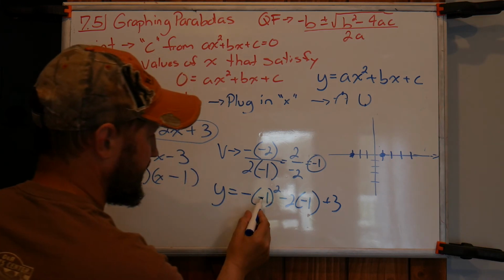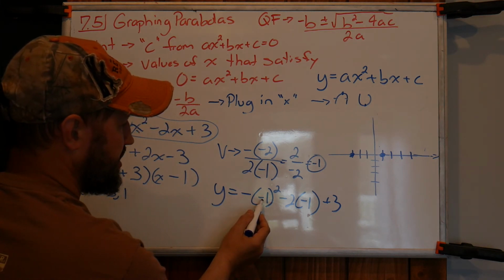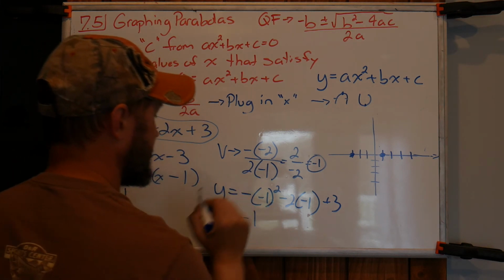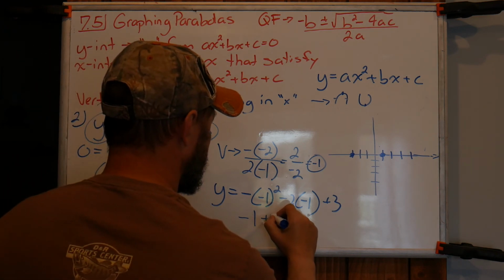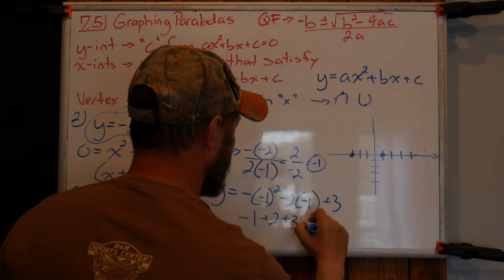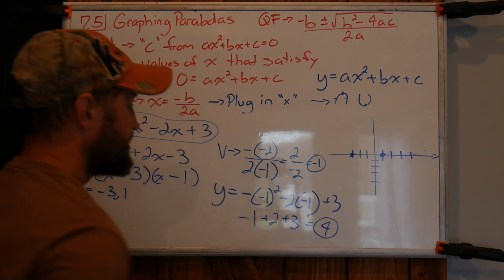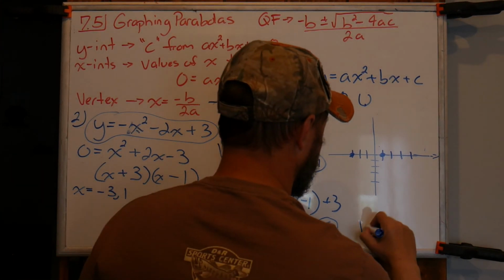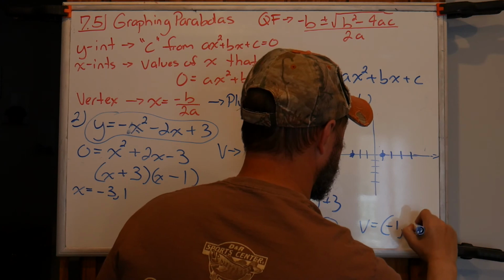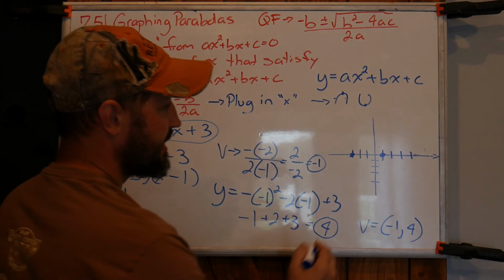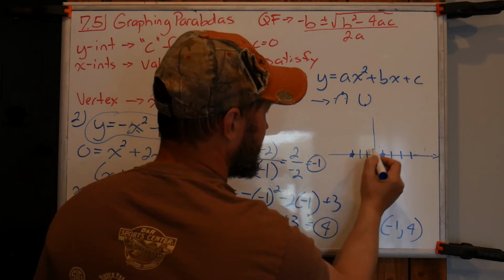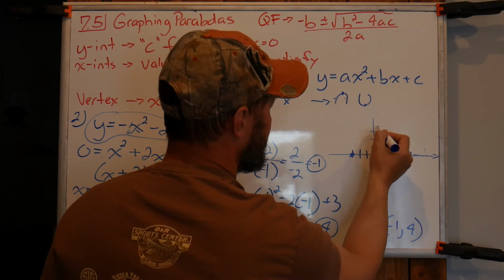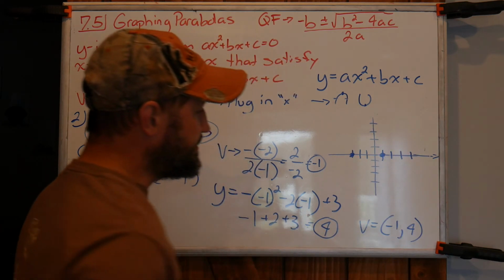That gives me negative 1 squared is 1, but I have a negative 1 squared. And then a positive 2, positive 3. So it's 4. So my vertex is negative 1, 4. So I go over negative 1 and up 1, 2, 3, 4.